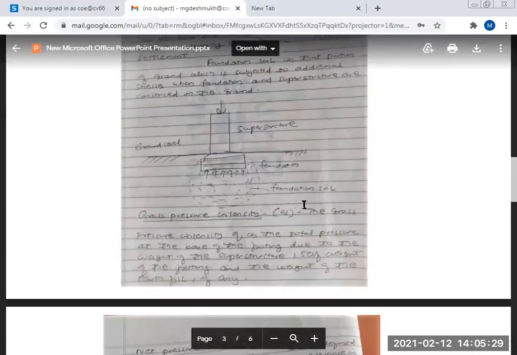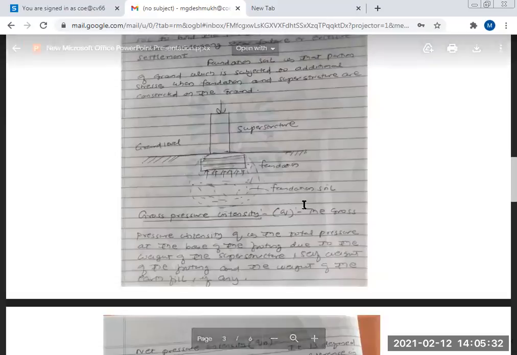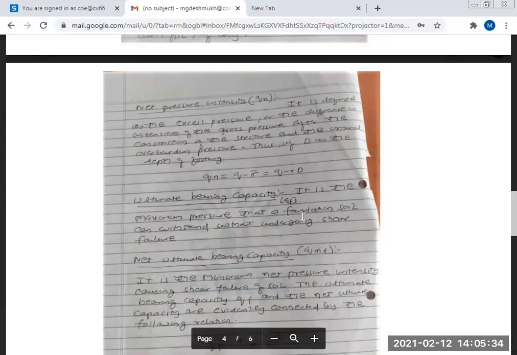So remember, ultimate bearing capacity is denoted by qf, with suffix f, small q, f. Small q means gross pressure intensity, qn is net pressure intensity, then ultimate bearing capacity kya hai? Denoted by qf.